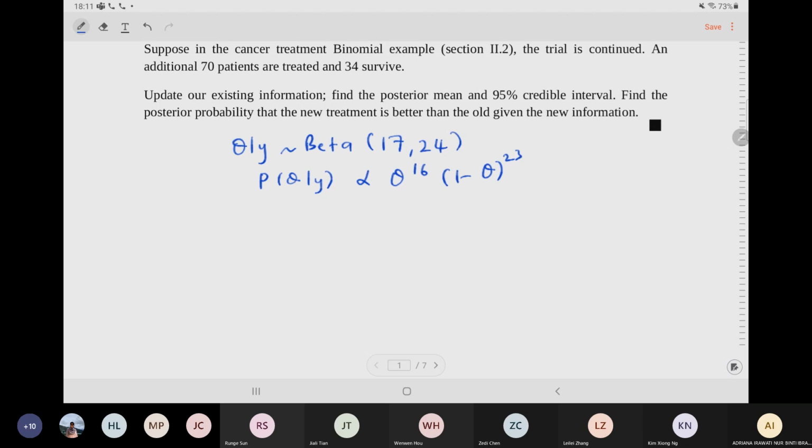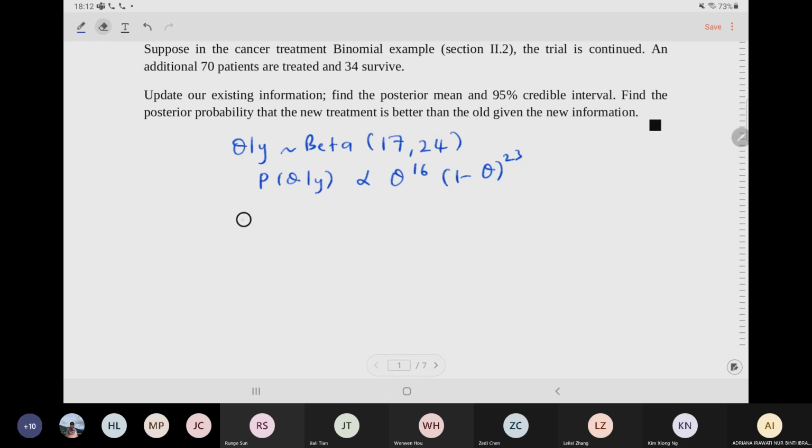Say that, well, this is Y. Maybe we should use something else, say Z, so we have our new data Z. Notation wise, you can use either.